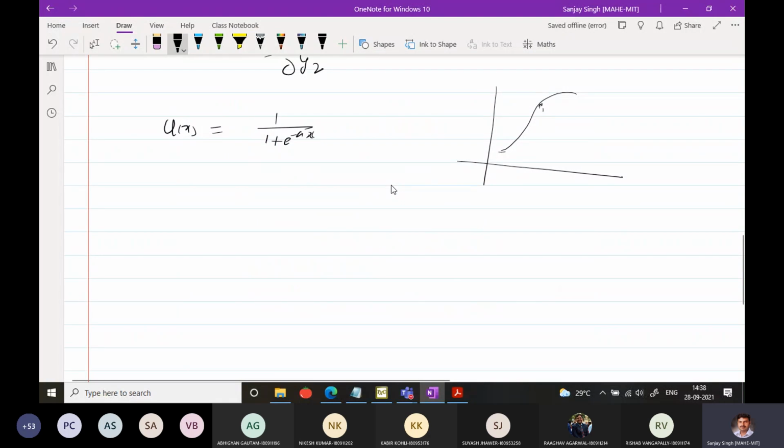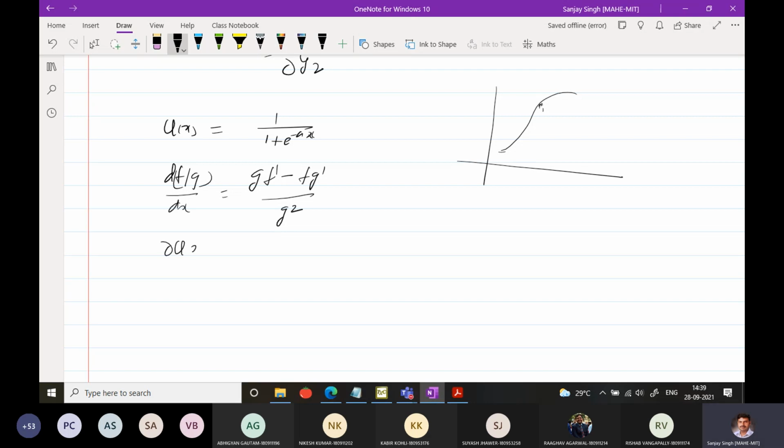If you have forgotten the quotient rule, do you remember it? It is (g f prime minus f g prime) over g squared.